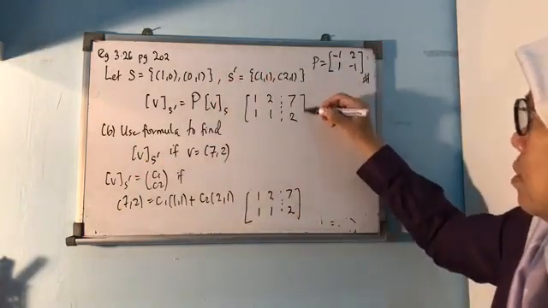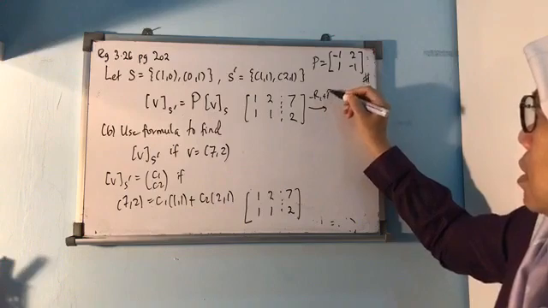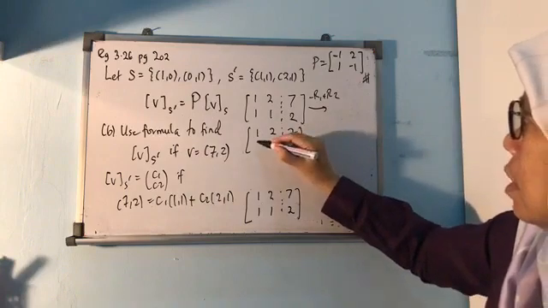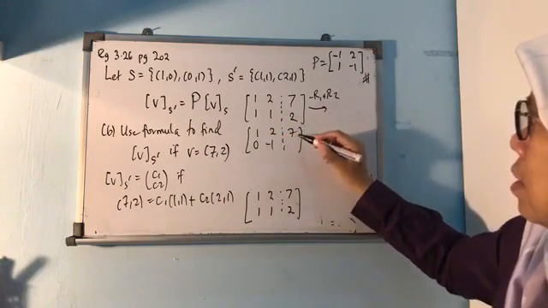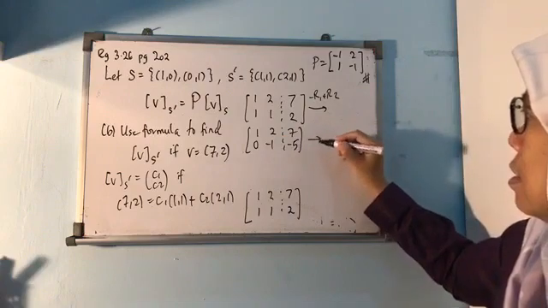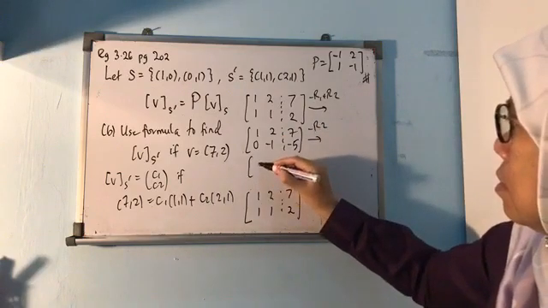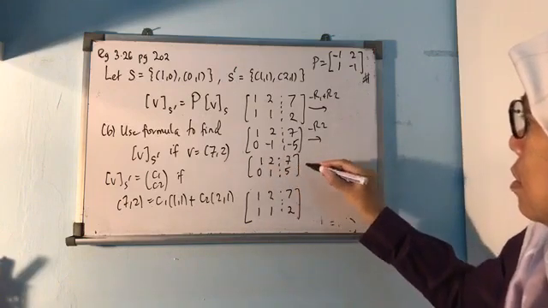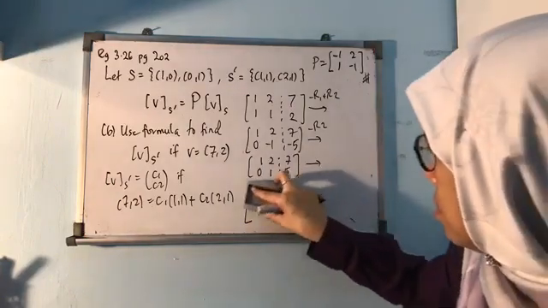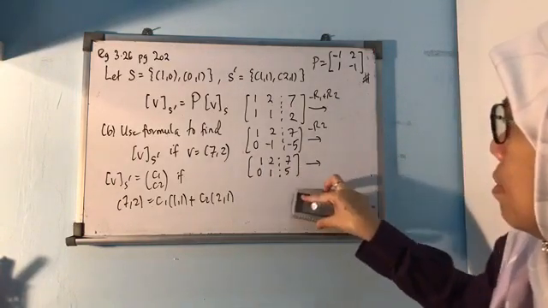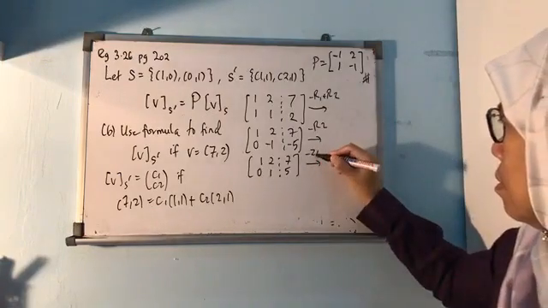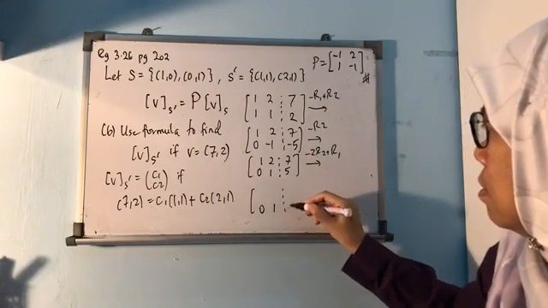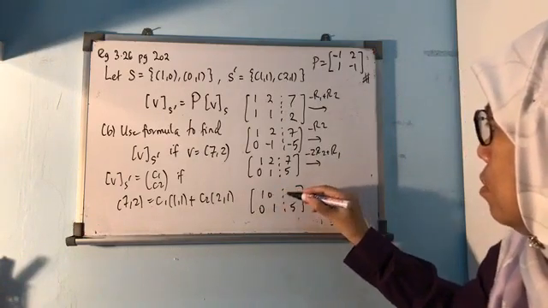So 1, 1, 2, 1, 7, 2. Negative R1 plus R2, negative R2, and one more. Negative 2 and 10, right?